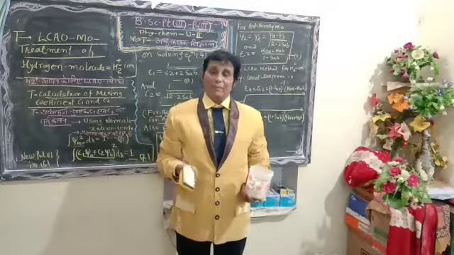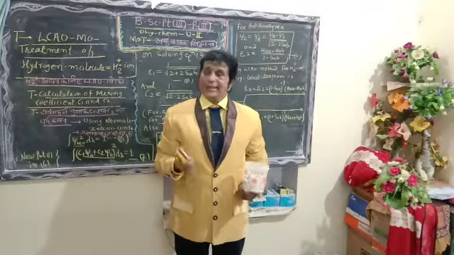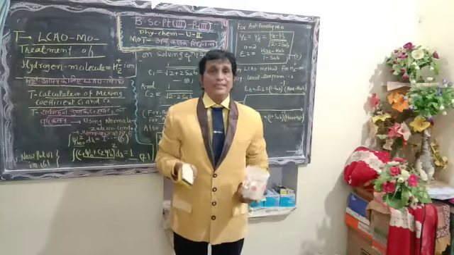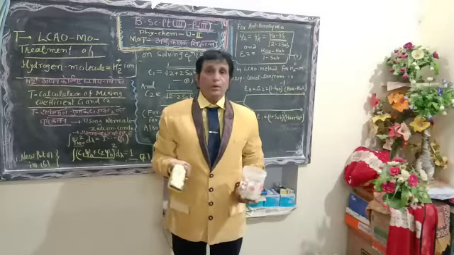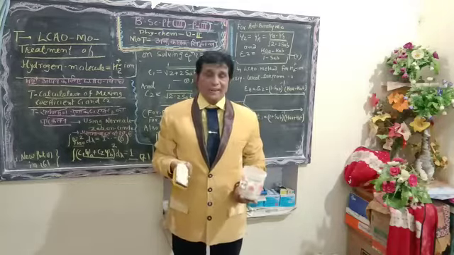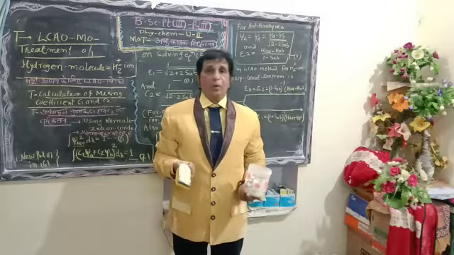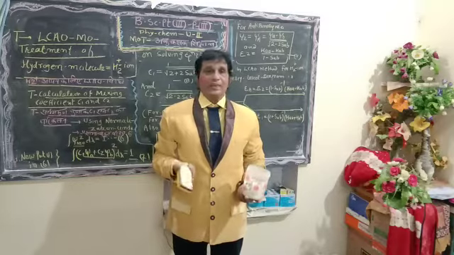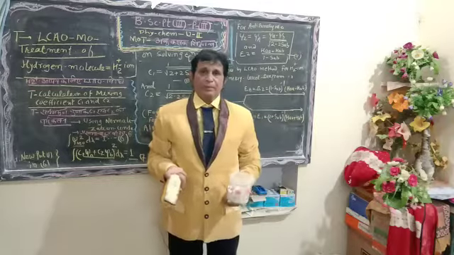Please pay attention to our previous lecture, in which we were expressing the necessary derivation of the LCAO treatment of the hydrogen molecule. The topic is taken from B.Sc Part 3, Unit 2, titled Molecular Orbital Theory.